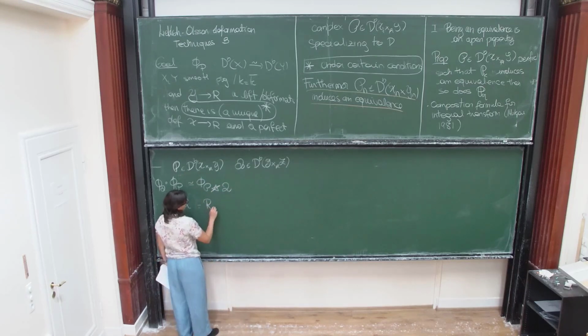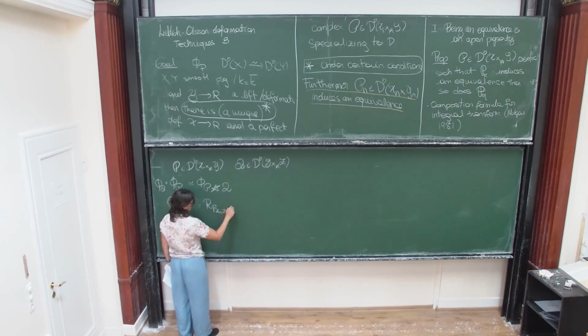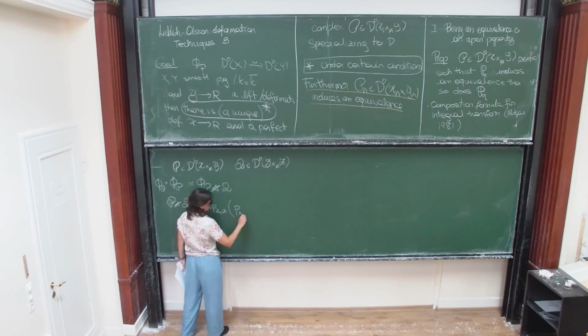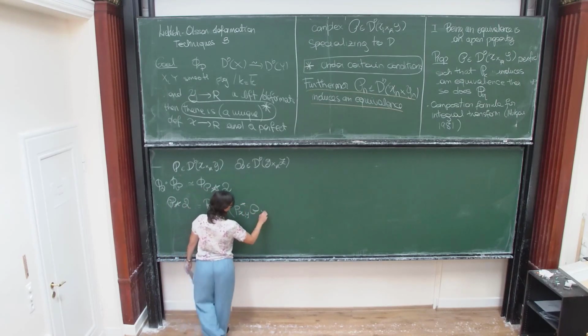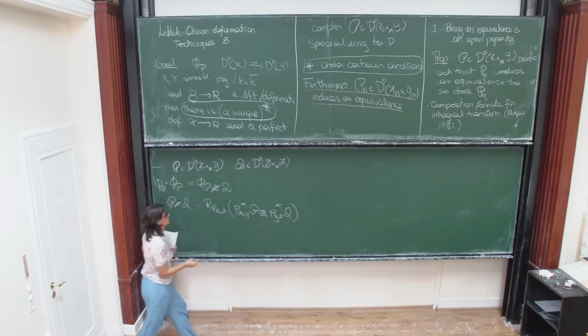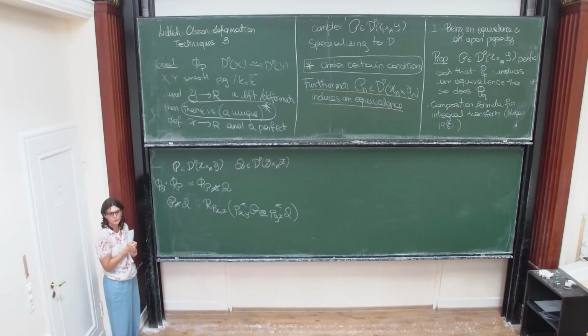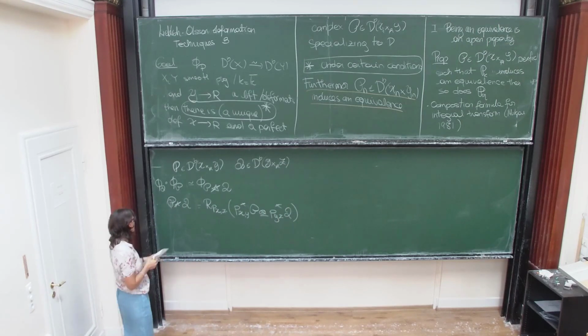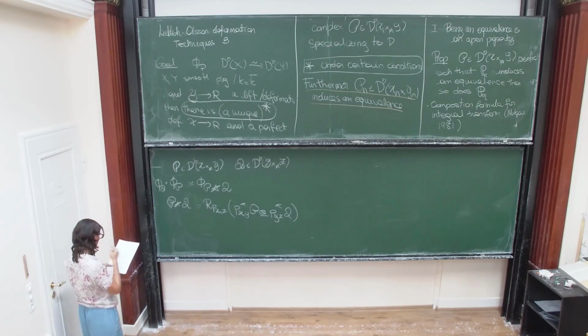So we push forward from X, Y, Z. So this is a composition formula of Fourier-Mukai functors or integral transforms or whatever you want to call them.